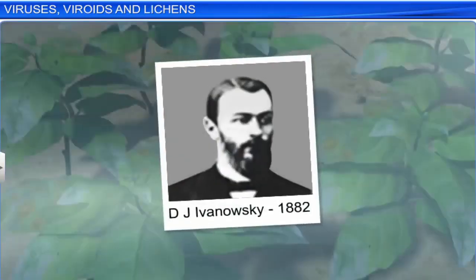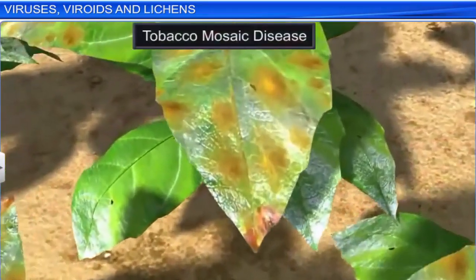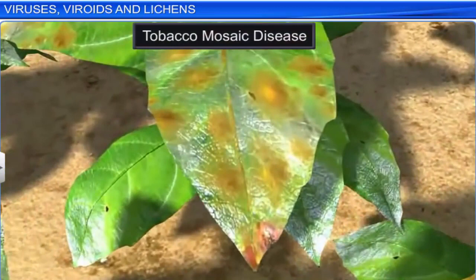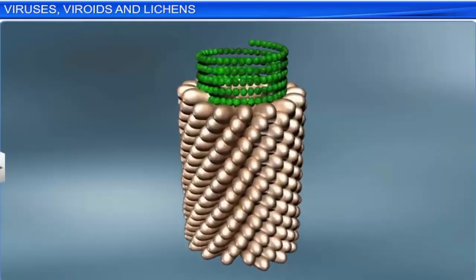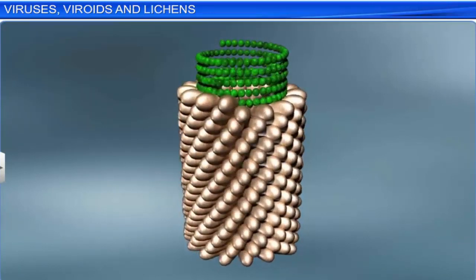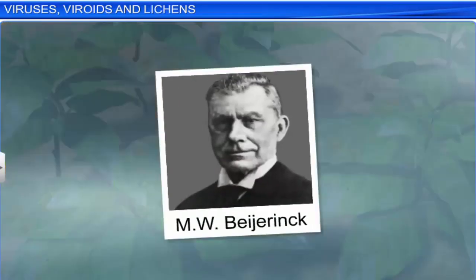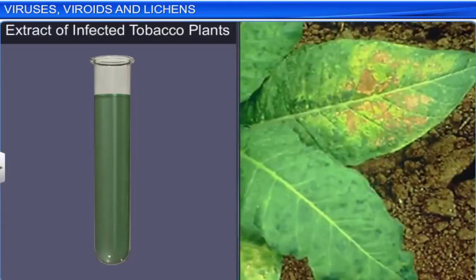It was D. J. Iwanowski who in 1882 discovered the tobacco mosaic virus, or TMV, the microbe that causes mosaic disease in tobacco. This virus was smaller than a bacteria. Later, in 1898, M. W. Beijerinck demonstrated that extracts of infected tobacco plants could also cause infection in other healthy plants.